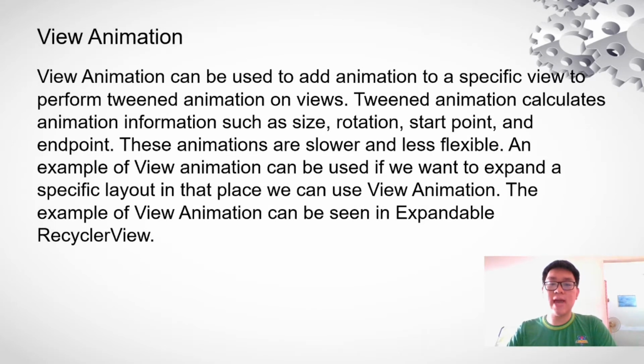View animation can be used to add animation to a specific view to perform tween animation on views. Tween animation calculates animation information such as size, rotation, start point, and end point. These animations are slower and less flexible.